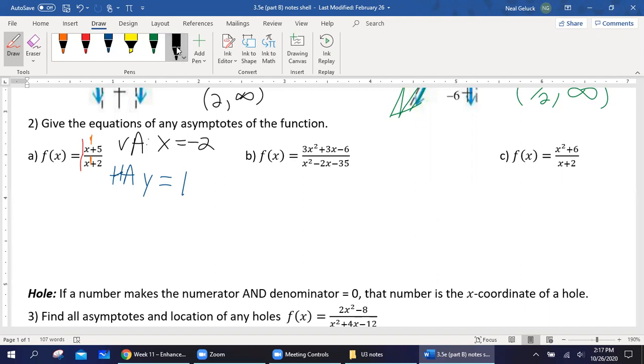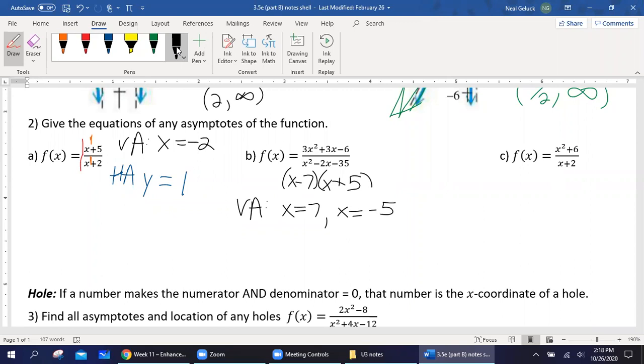On letter B, I'm going to figure out what makes the denominator 0. So if I factor this, I get two numbers that make the denominator 0. And if I test, neither one of those makes the numerator 0. So this has two vertical asymptotes at x equals 7 and at x equals -5.